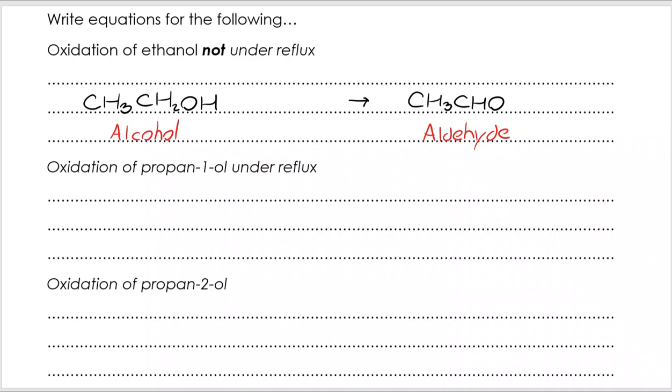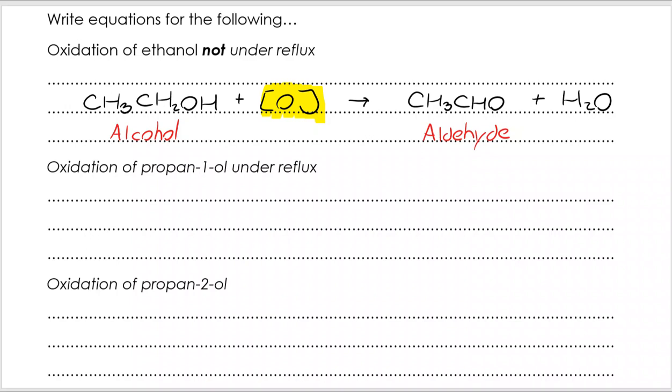I am adding my oxidizing agent, which we said earlier in this video is represented as an O in square brackets. So we don't need to worry about acidified dichromate(VI) going into the equation. And when we then look through what's left over, once we've done this reaction, we have two H's and an oxygen left. We make water as the secondary product.